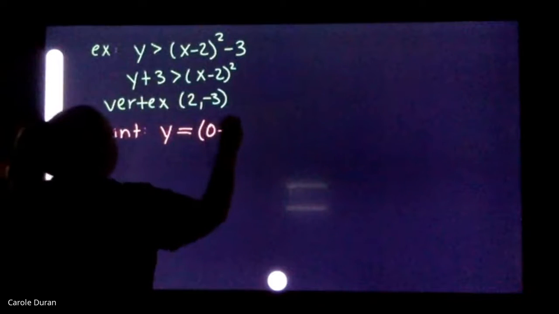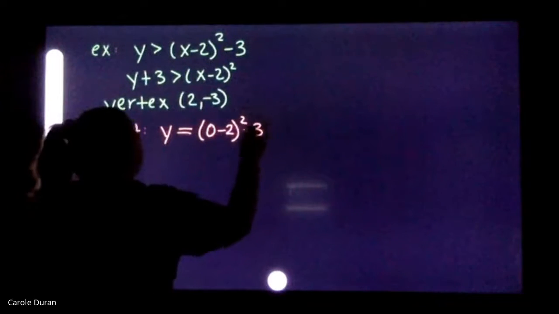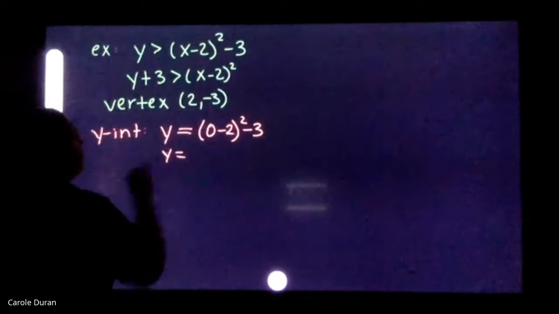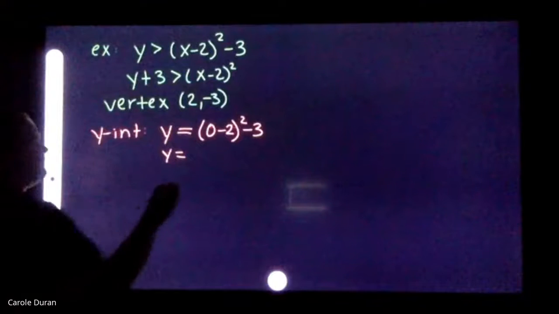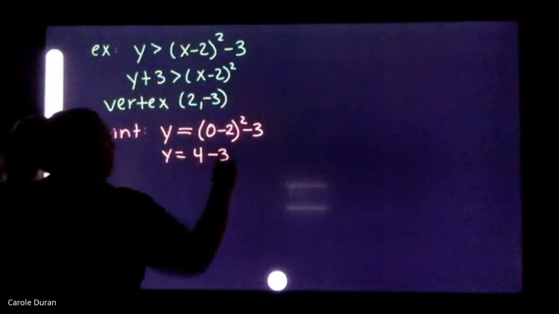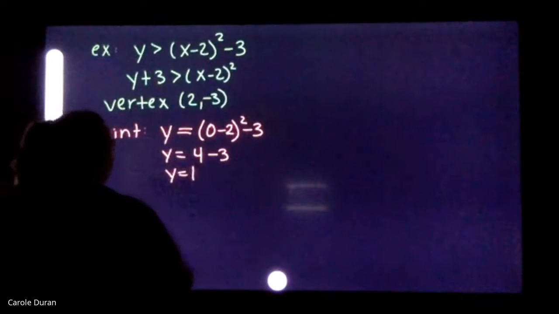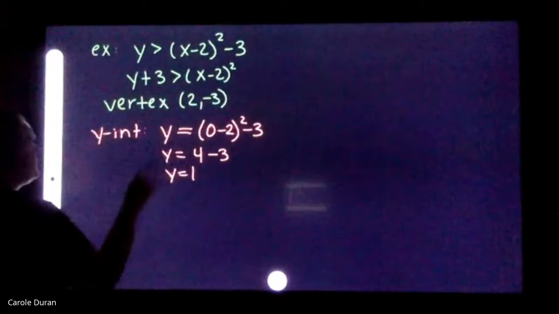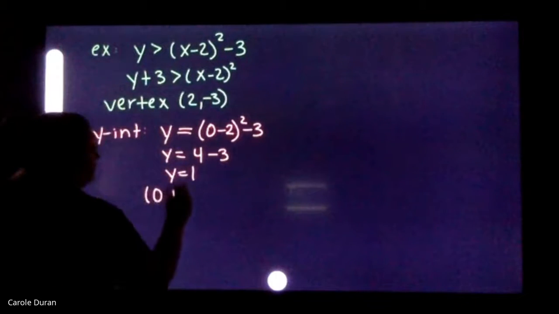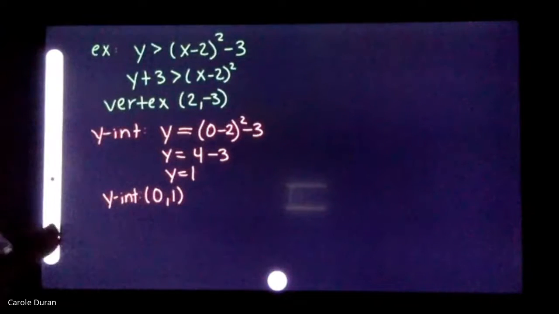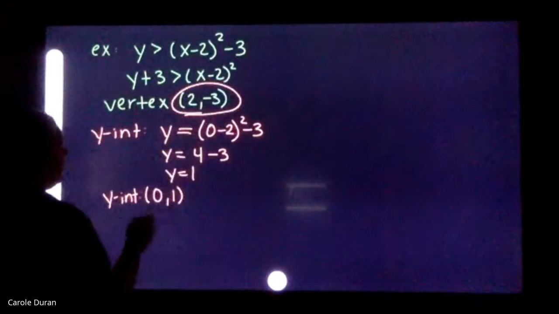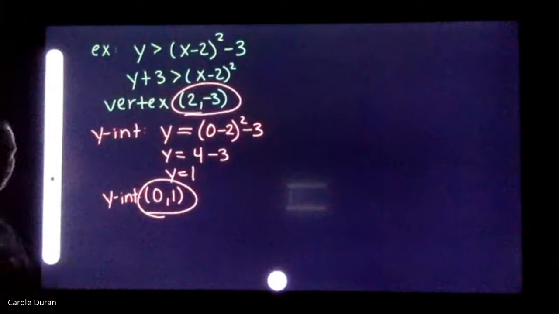I plug in 0 for x, and I go ahead and simplify it out. 0 minus 2 is -2. -2 squared is 4. I get 4 minus 3, which gives me 1. So my y-intercept is the point 0, 1. So I'm going to take this vertex, and I'm going to take this y-intercept, and I'm going to put them on my graph.